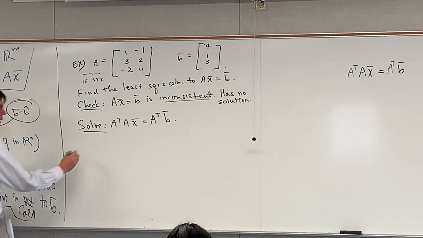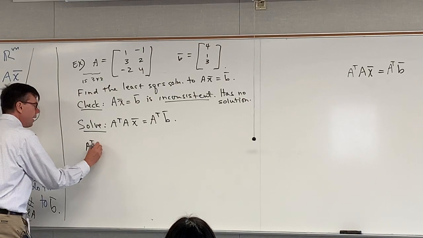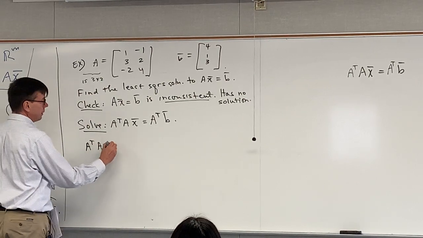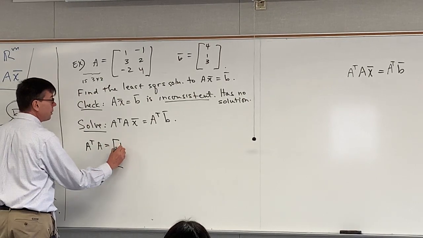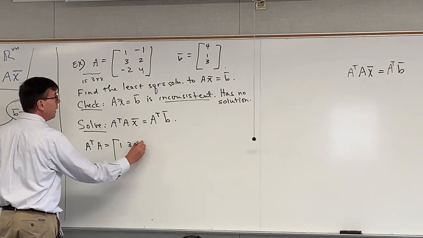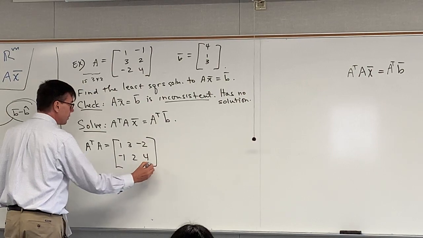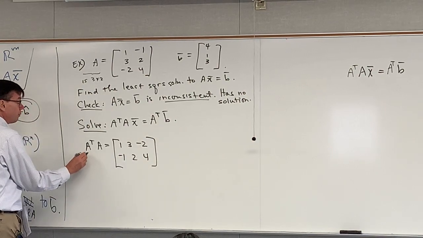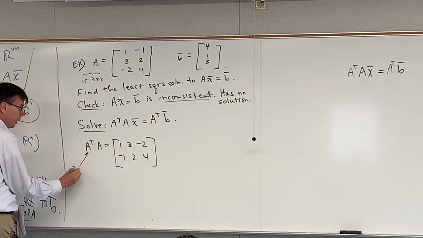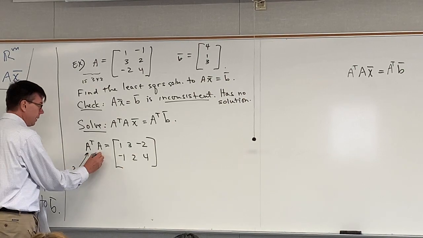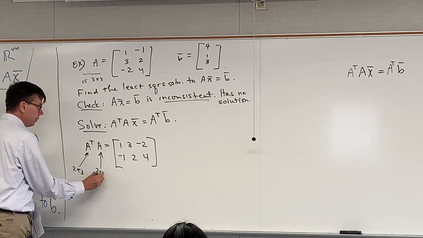So for the calculation, we have to figure out what A transpose A actually is. A transpose is going to go 1, 3, negative 2, negative 1, 2, 4. I'm interchanging the rows and columns, right? So A transpose is actually going to be a 2 by 3 matrix, while A is a 3 by 2.